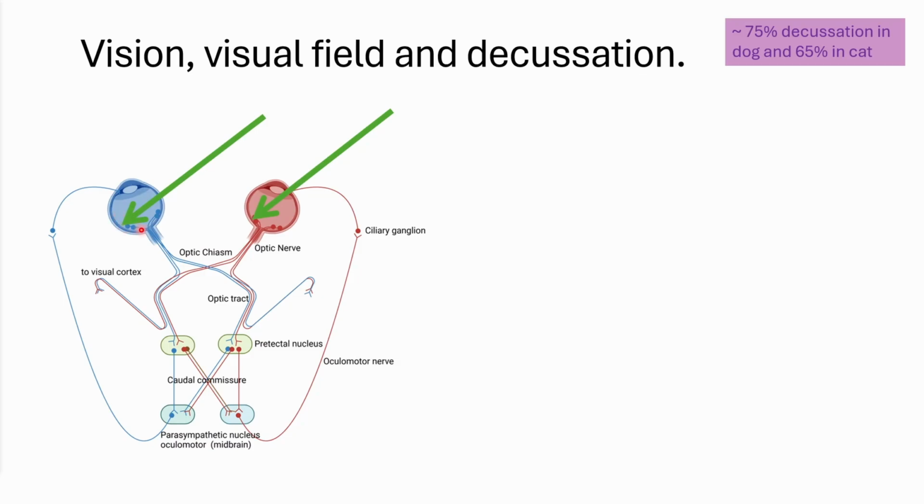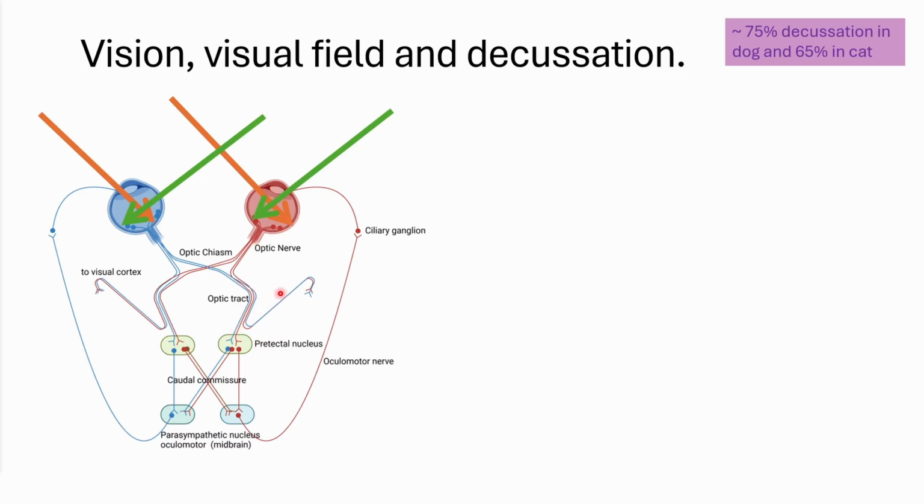Now, the temporal visual field is not decussating, and the nasal field is decussating. So it means that all of the fibres in this bundle are generally coming from the same area of the visual field. And of course the opposite is true. And so these fibres here are decussating, and this area of the retinal field is not decussating.